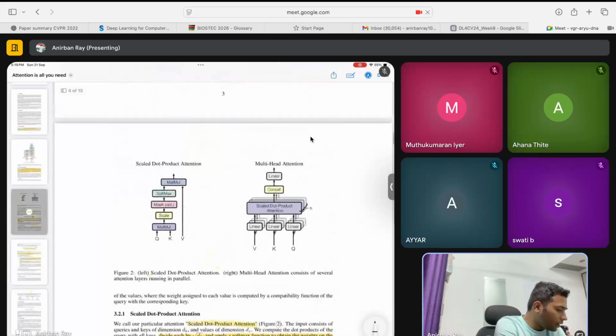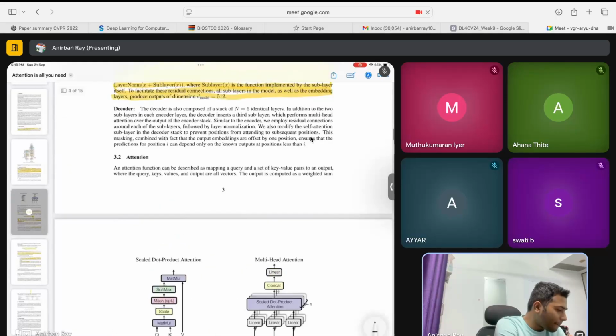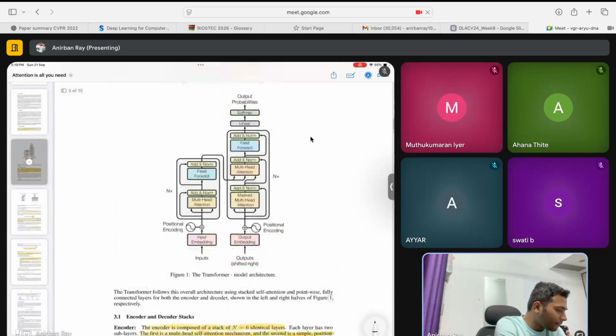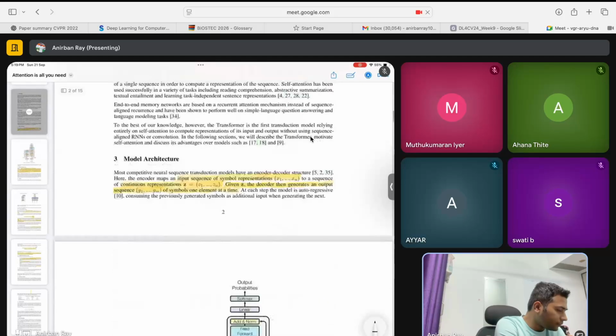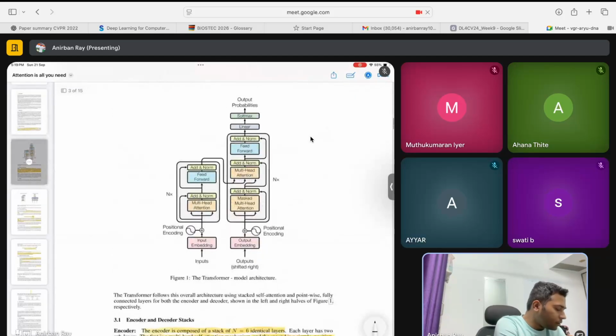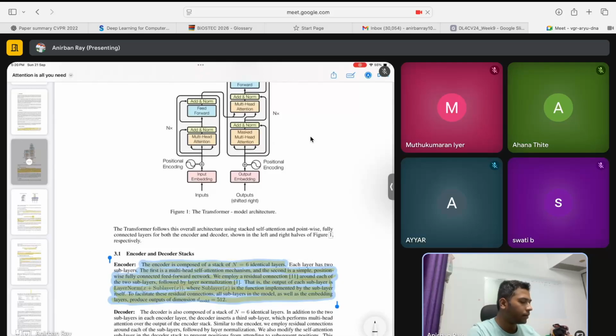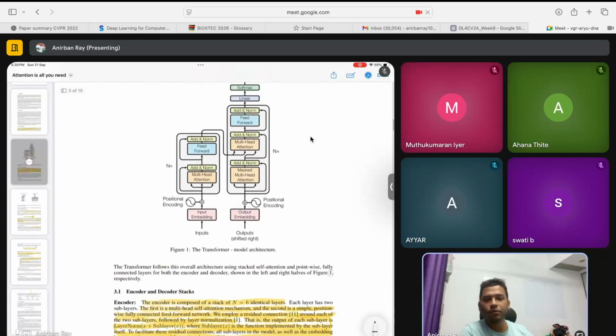Now further, as we move, here we see the input. It is popularly used for sequence to sequence translation.